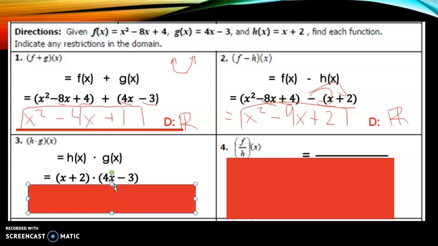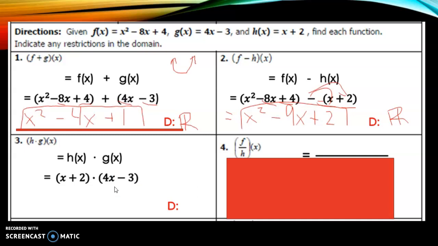Now remember, when we're multiplying, we're not finding like terms. This time, because we have a binomial times a binomial, we're going to be foiling. X times 4x is 4x squared. X times negative 3, that's negative 3x. 2 times 4x is positive 8x.